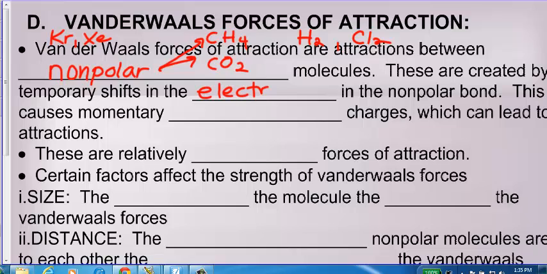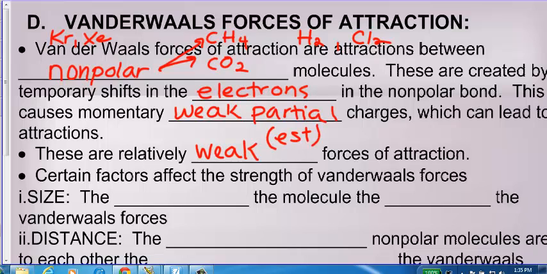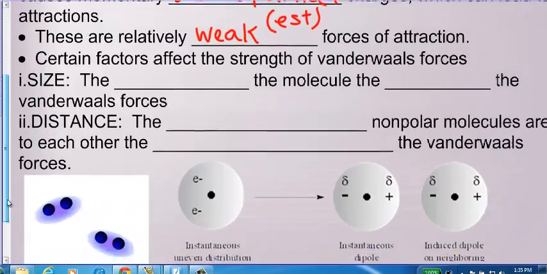The electrons move about, and as they move about, they create momentary, weak partial charges, which can lead to attractions. These are relatively weak. They are the weakest forces of attraction. But there are certain factors that affect their strength.